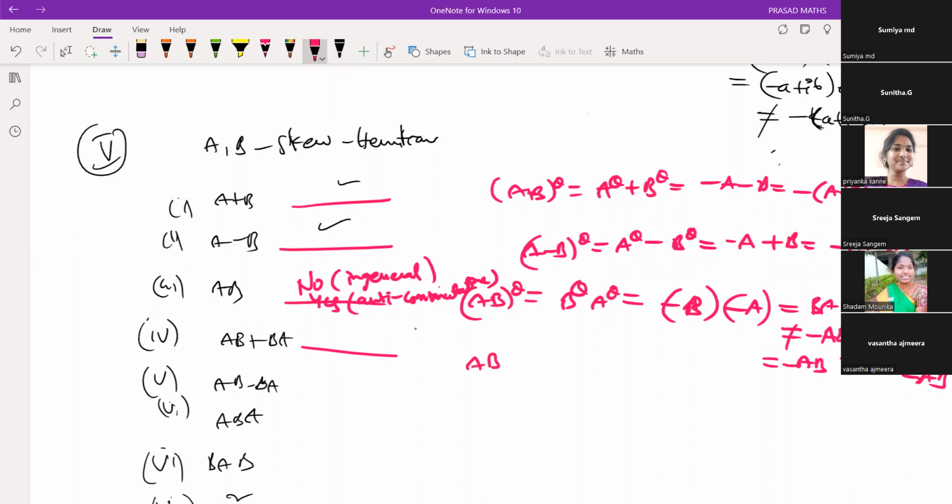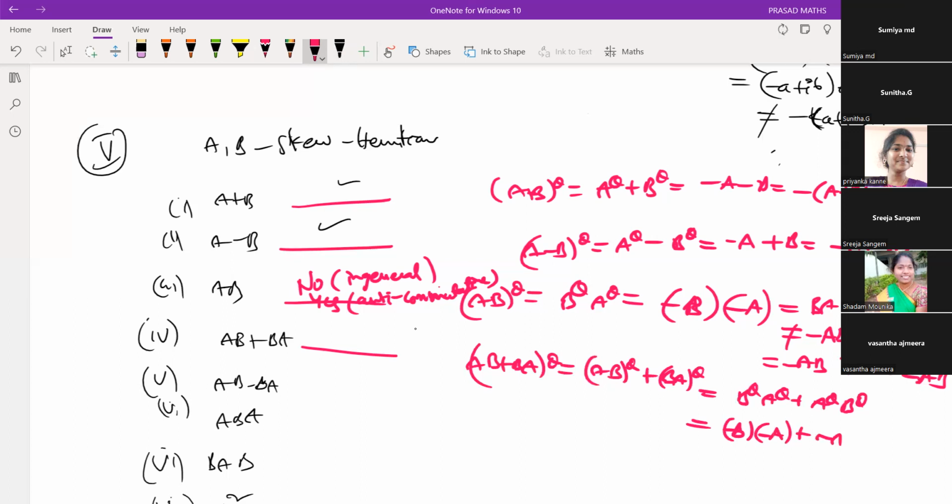Yes, sir. It's also straightforward. This is nothing but AB plus BA whole theta, that is B theta A theta plus A theta B theta. Now what is this? This is minus B minus A, and minus A minus B. But this is exactly the same as AB plus BA. Right?